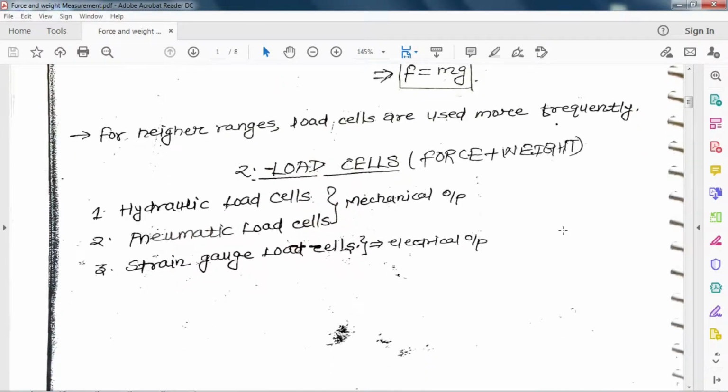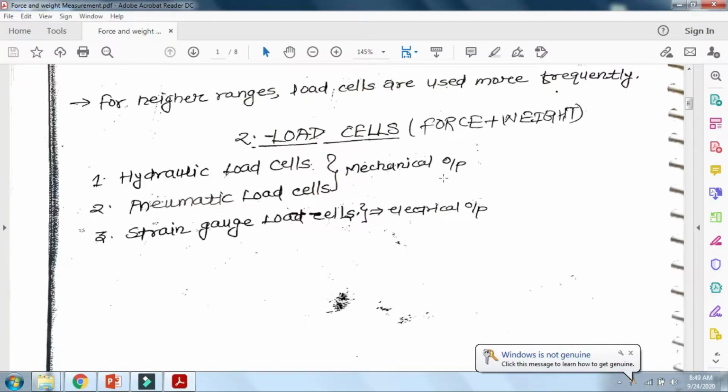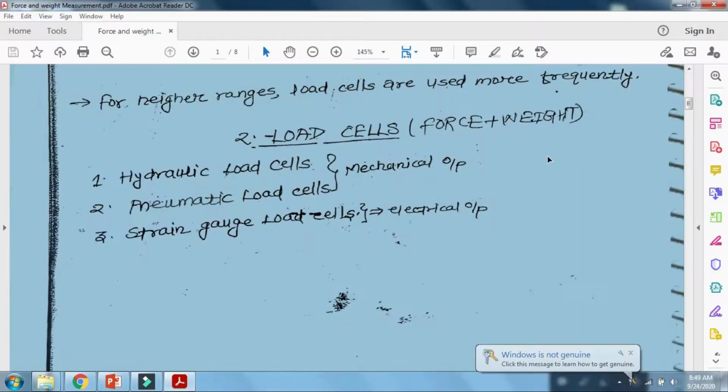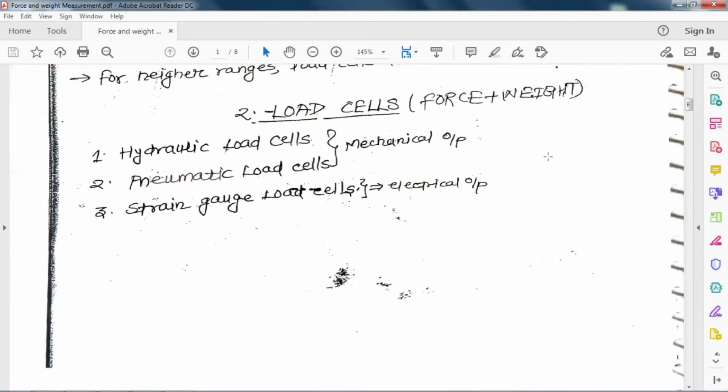So our next topic is the load cell for force and weight measurement. Load cells are basically of four types. First one is the hydraulic load cell, second one is the pneumatic load cell. These are the cases of mechanical output. Then we have the strain gauge load cell, from which we have electrical output.